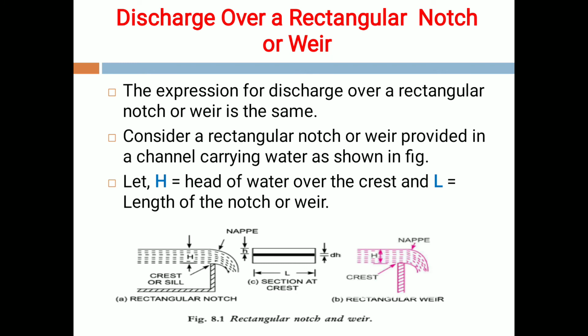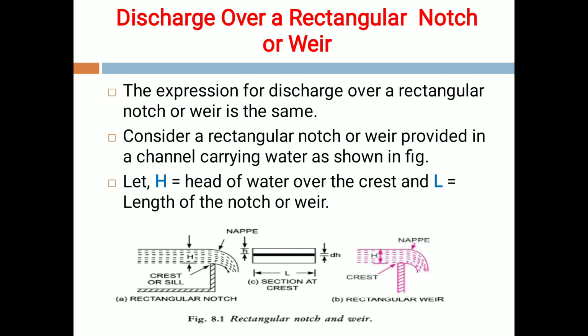Nappe is the sheet of water flowing through a notch or over a weir, also called a vein, and crest or sill is the bottom edge of the notch or top of a weir over which water flows. So, these are the 2 terms, nappe and crest.